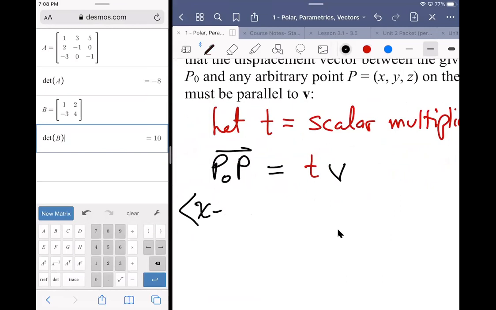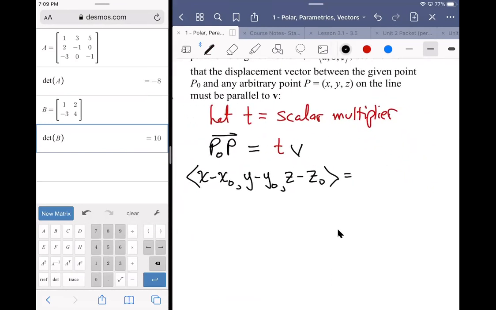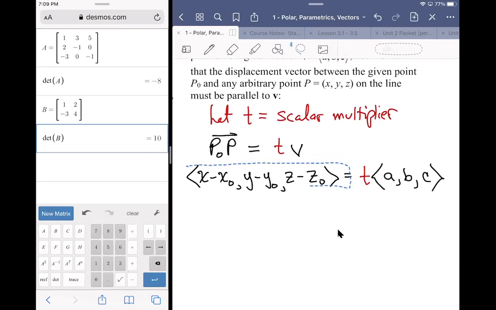So X minus X sub O, Y minus Y sub O, Z minus Z sub O. That's going to be equal to T multiplied by ABC. All right, because we're looking at a scalar multiple, we can distribute it through.